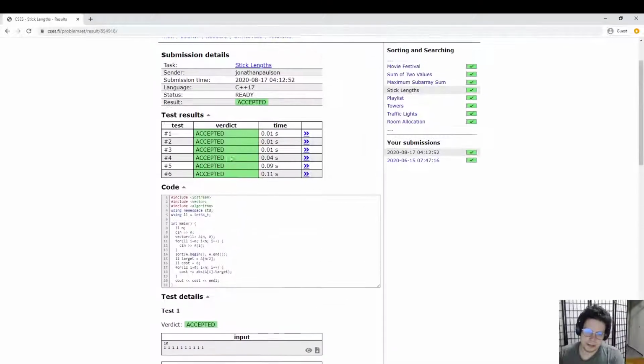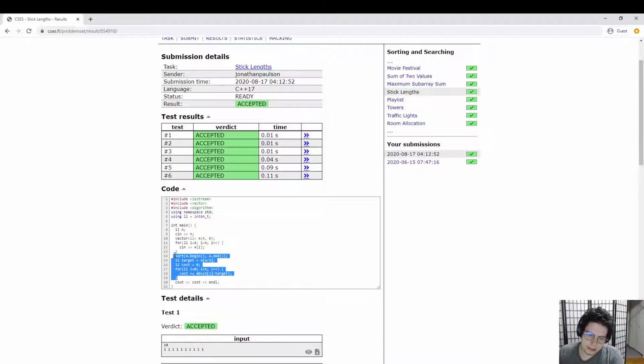But the argument for why this is right is the one I was giving before, which is that if you increase this target, the cost would increase because there's more smaller things than bigger things, and if you decrease this target, the cost would increase again because there's more bigger things than smaller things, right? The ideal target is the one with a balance, an equal number of bigger and smaller numbers on either side.